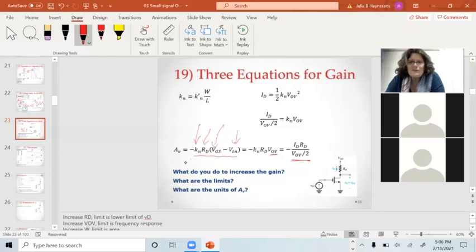Okay, there's limits to this. Now let's say I get so much current, I get so much voltage right here. I make VGS so big that my ID gets so big that this drops down to 0 volts.